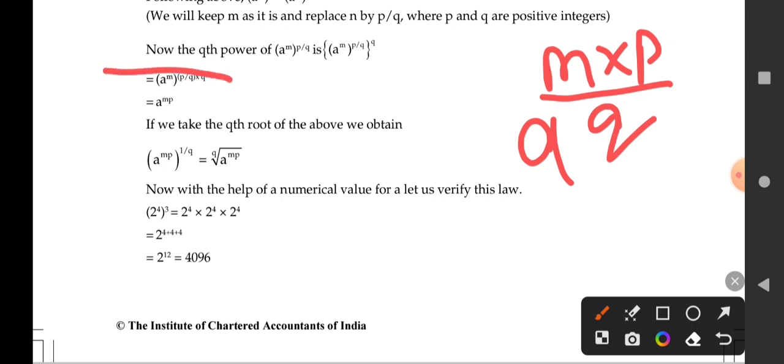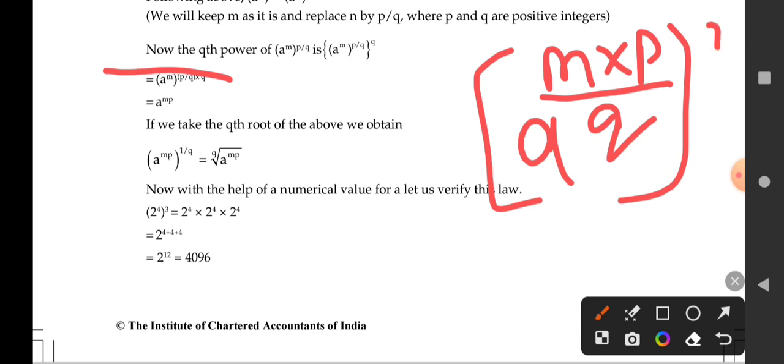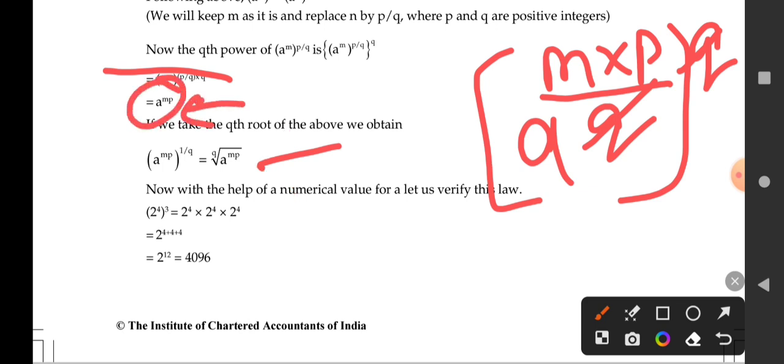So now the qth power is whole raised to q. So if there is another bracket, you are going to again open the brackets and multiply the powers. So you will get q and q cancel. So a raised to, sorry, here, this one, a raised to mp.